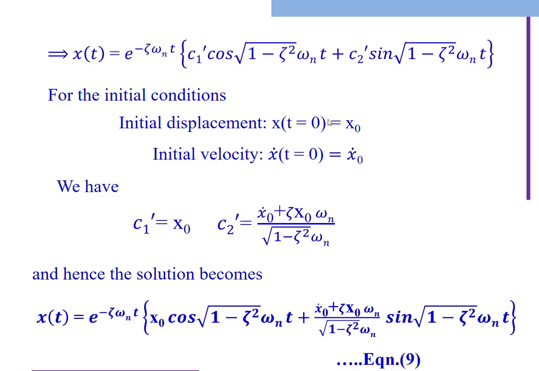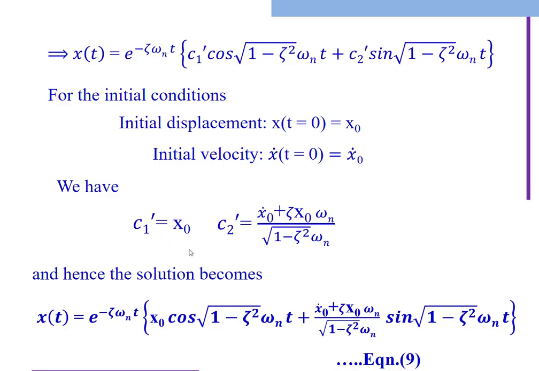If you substitute these two conditions in the above equation and solve, we can get c1 dash as x naught and c2 dash as x naught dot plus zeta x naught omega n by under root of 1 minus zeta square omega n.